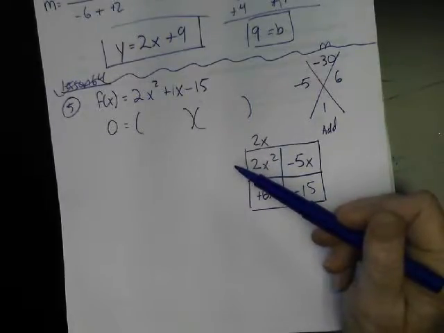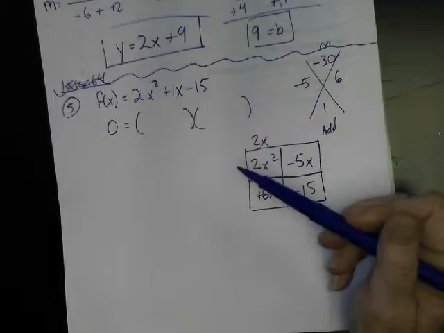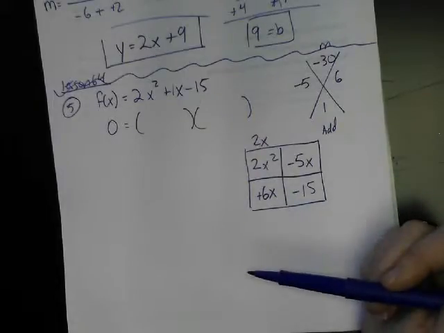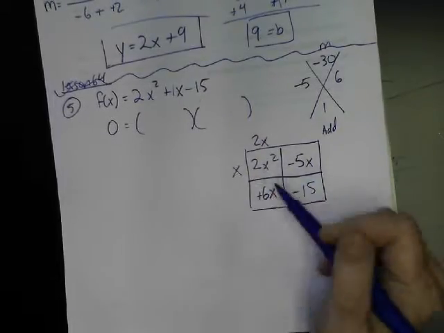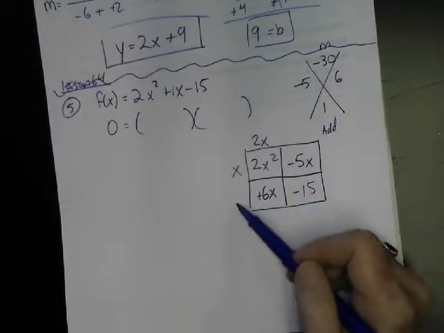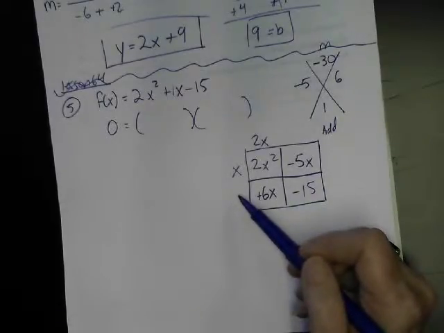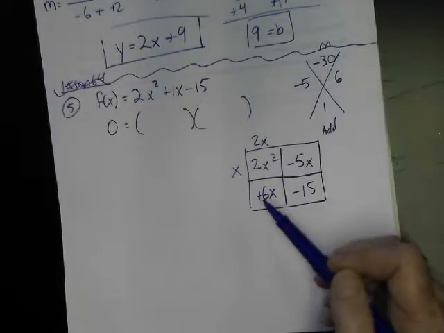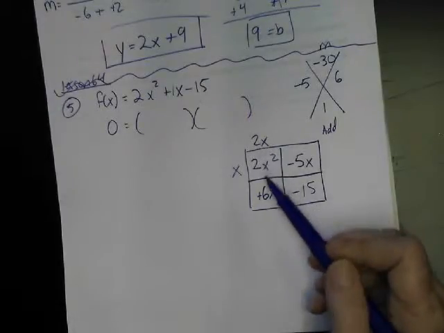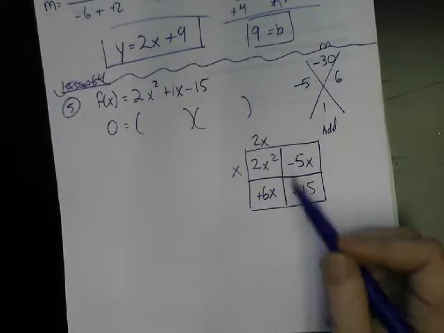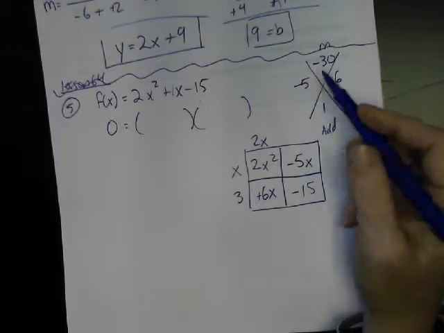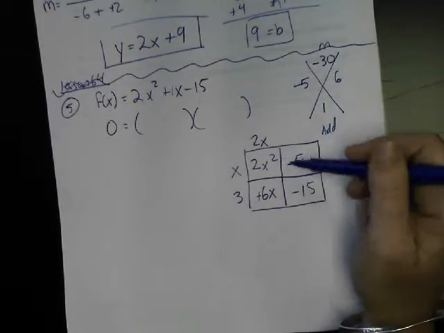So what goes out here, right on the side? x. Yeah, x. And then can anyone imagine what would go right here? They have to multiply to make 6. So 2x times 3 would multiply to make 6x. And then up here, it has to multiply to make negative 5x.